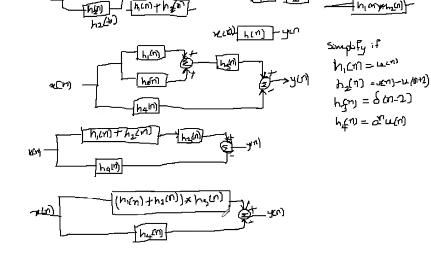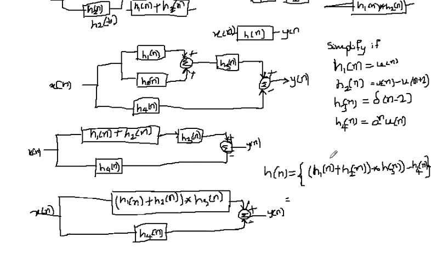And when we solve this further, our system becomes h1 of n plus h2 of n in convolution with h3 of n, and this whole combination minus h4 of n. Now let's substitute the values of h1, h2 and so on, and find the value of h of n.